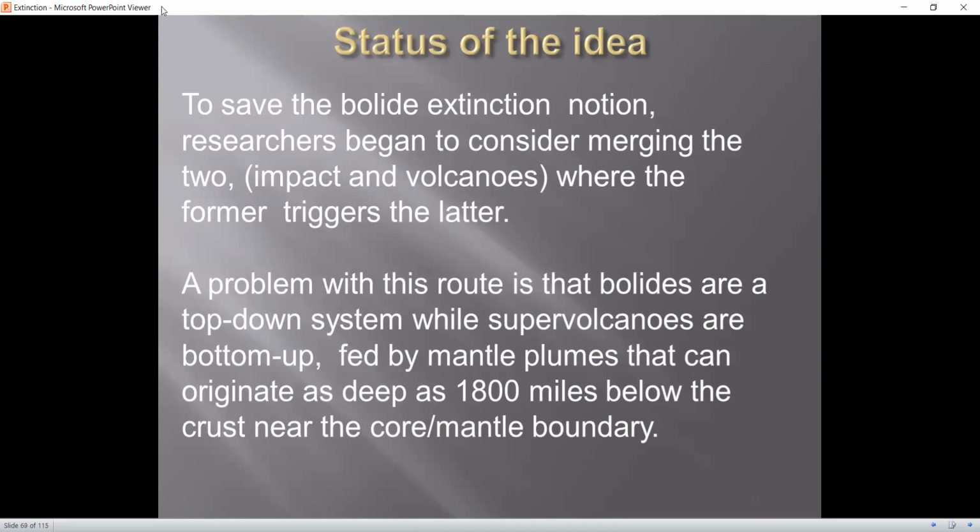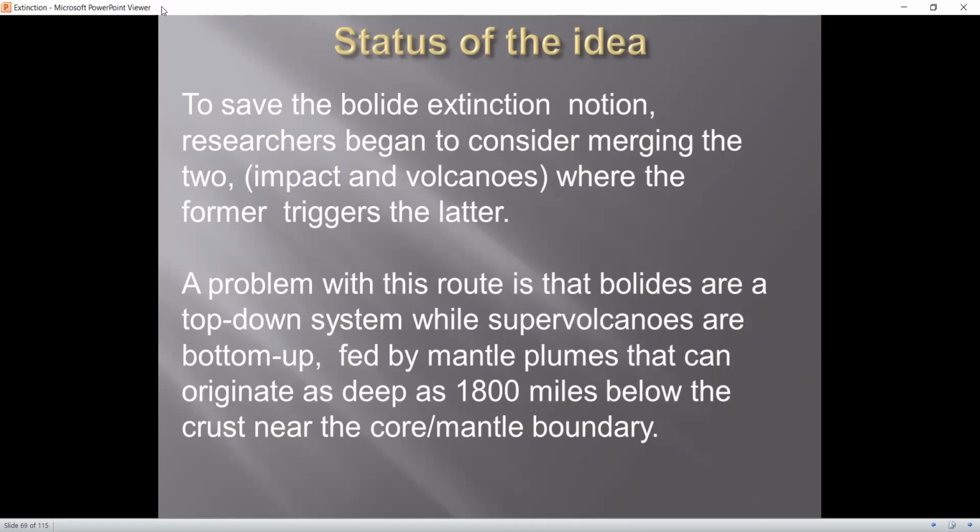The bolide people, when they saw Dr. Keller's evidence, they wanted to save that. You can't help yourself in science. You want to save your idea. So they said, well, why can't we merge those two? Why can't we have a meteor strike the Earth and cause volcanic activity? And the reason you can't, I wouldn't think you could do that.